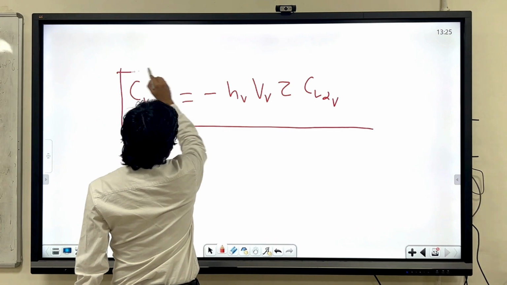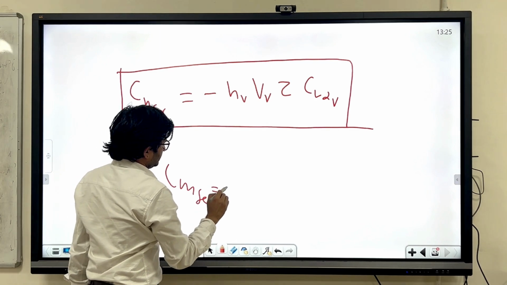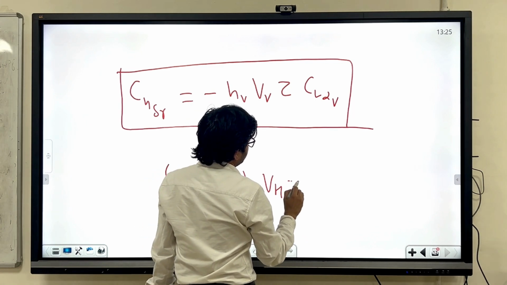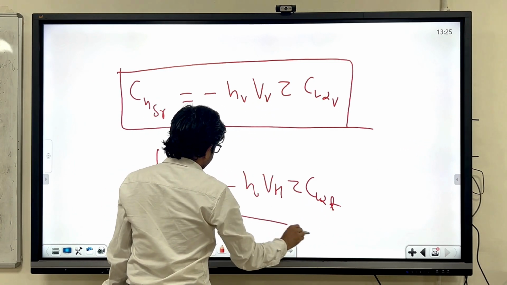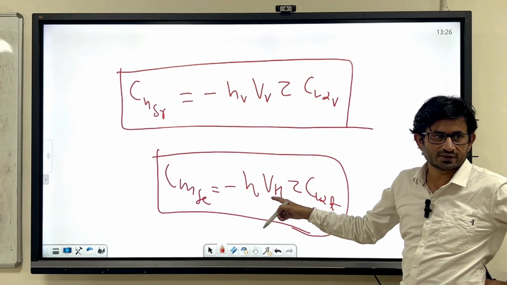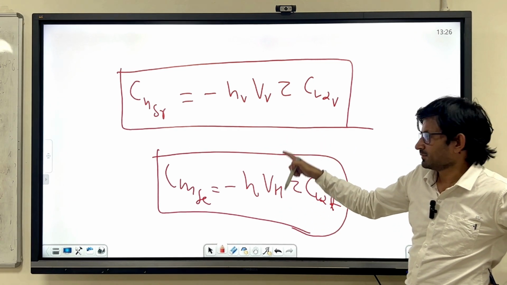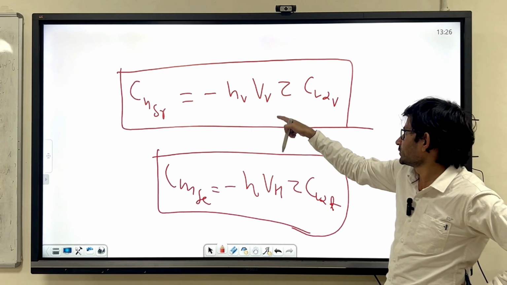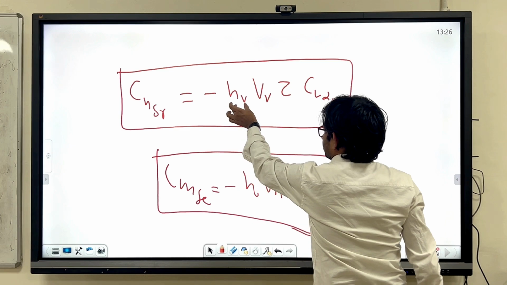Are you aware of this? C_m delta E is minus eta_V V_H tau C_L alpha of the tail. I already explained this, right? In the longitudinal case, it is the same only. Eta, eta, V, V, volume ratio, volume ratio. Control derivative, control derivative.